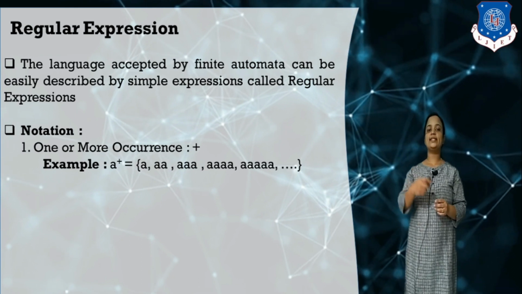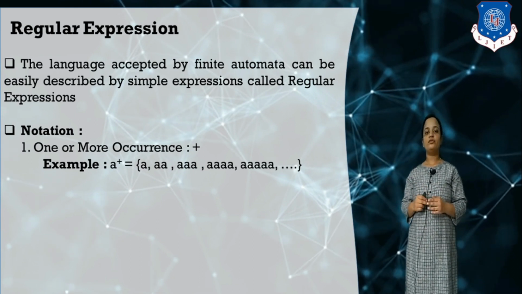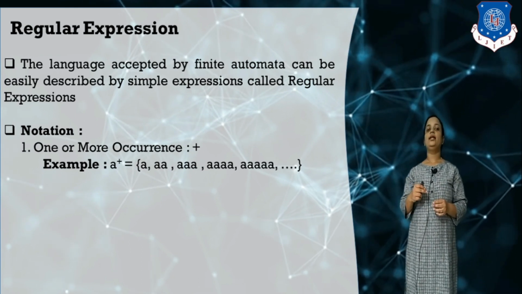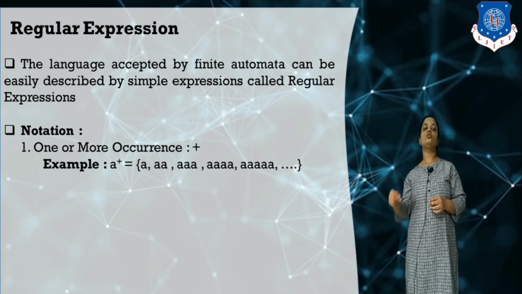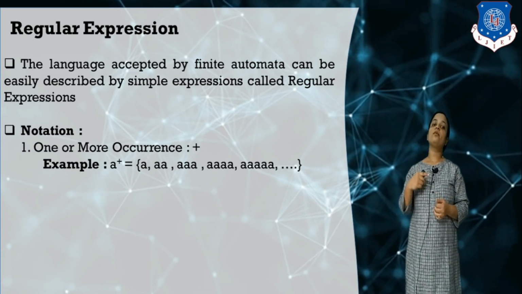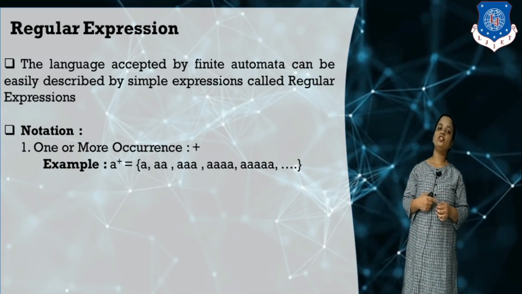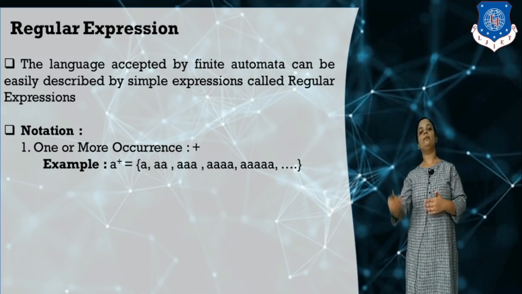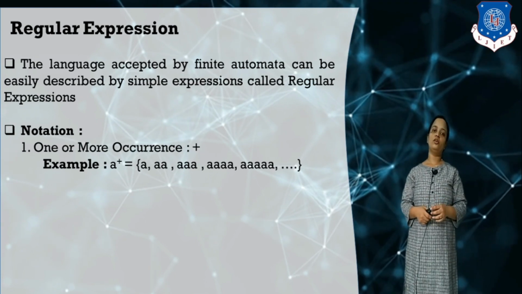Here I have written the set of strings in curly brackets: a raised to 1, a raised to 2, a raised to 3, a raised to 4, up to infinity. So plus indicates the letter should be repeated one or more times.